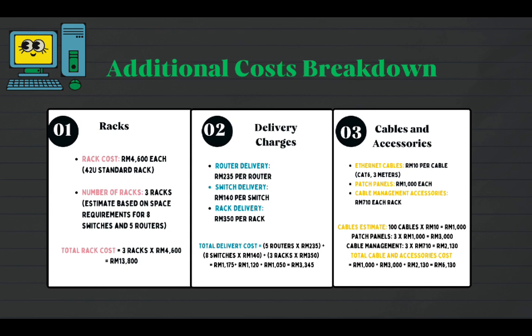And the second one is delivery charges. For the router delivery, 2,235 ringgit per router. For the switch delivery, 114 ringgit per switch. And for the rack delivery, 1,350 ringgit per rack.